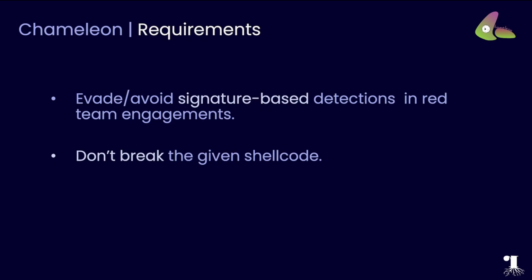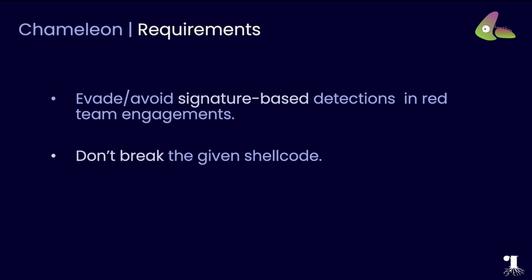So, what are the requirements of Chameleon? What were the requirements we set at the beginning? We wanted to evade or avoid signature-based detections in red team engagements. That's because we had a really good implant which is kind of hard to detect based on its behavior, so we wanted to improve the way it can avoid signature-based detection.